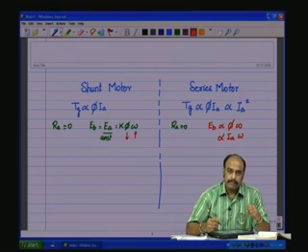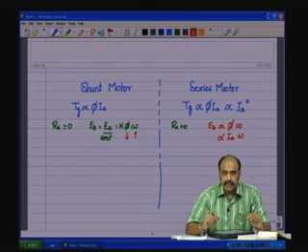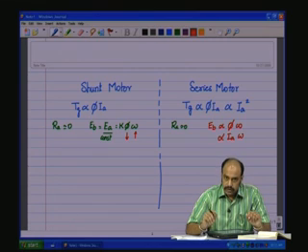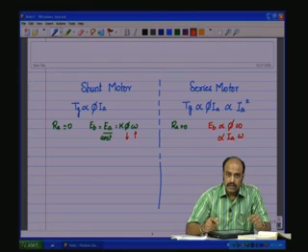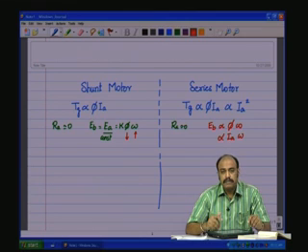Now, let us say you apply the full applied voltage. The full applied voltage is applied, the shaft is not rotating, then the Ia is going to be very high, and the torque generated is going to be proportional to Ia square, a huge torque. Under no load conditions the speed may accelerate very fast, and again it may result in runaway in the case of the series motor and result in mechanical damage.